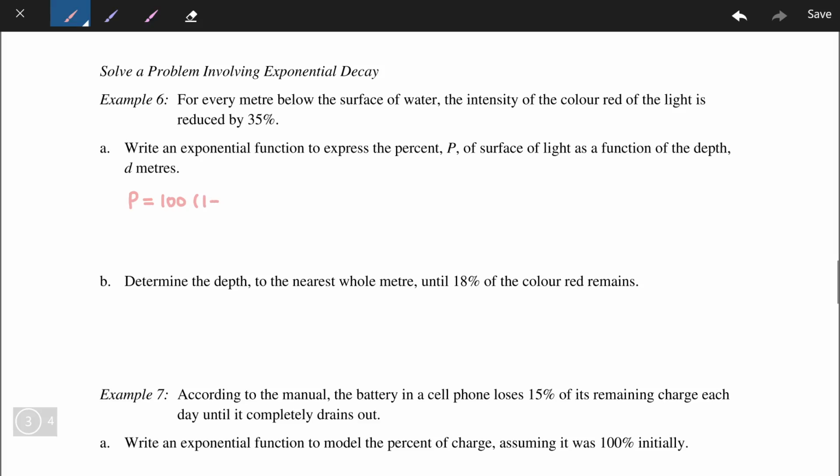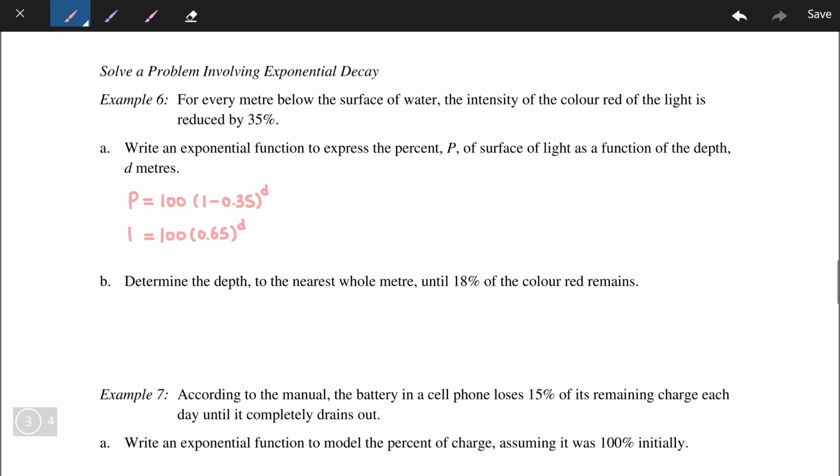So 1 minus 0.35 to the d power, I guess we're using the variable d here. All right, so once we subtract here, this is 100 times 0.65 to the d power.